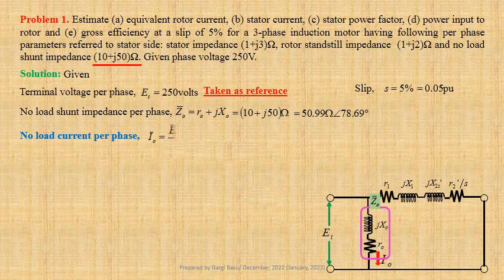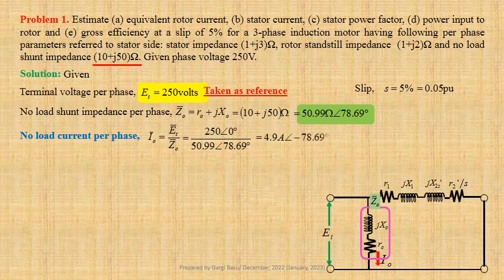Let us now calculate no load current per phase. I0 equals ET divided by Z0. Using values we get 250 at an angle 0 degree divided by 50.99 at an angle 78.69 degree. That gives us 4.9 ampere at an angle minus 78.69 degree. This may be written in Cartesian form as 0.961 minus j times 4.805 ampere.